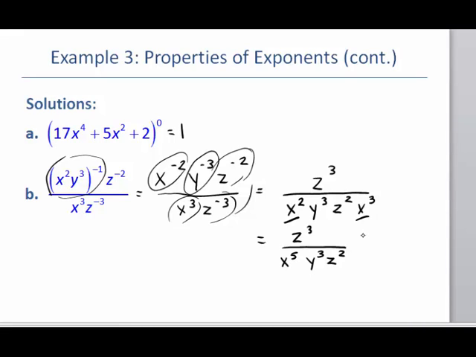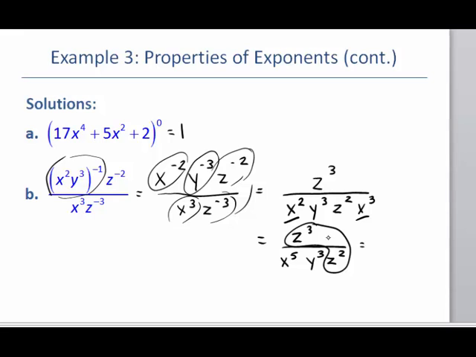Now, the only thing left is the z part because we have z's in the top and we have z's in the bottom. So I'm looking very specifically at only this part right here. Remember, our property says that if we have the same base in the top as in the bottom and we want to combine them, we combine them by subtraction.